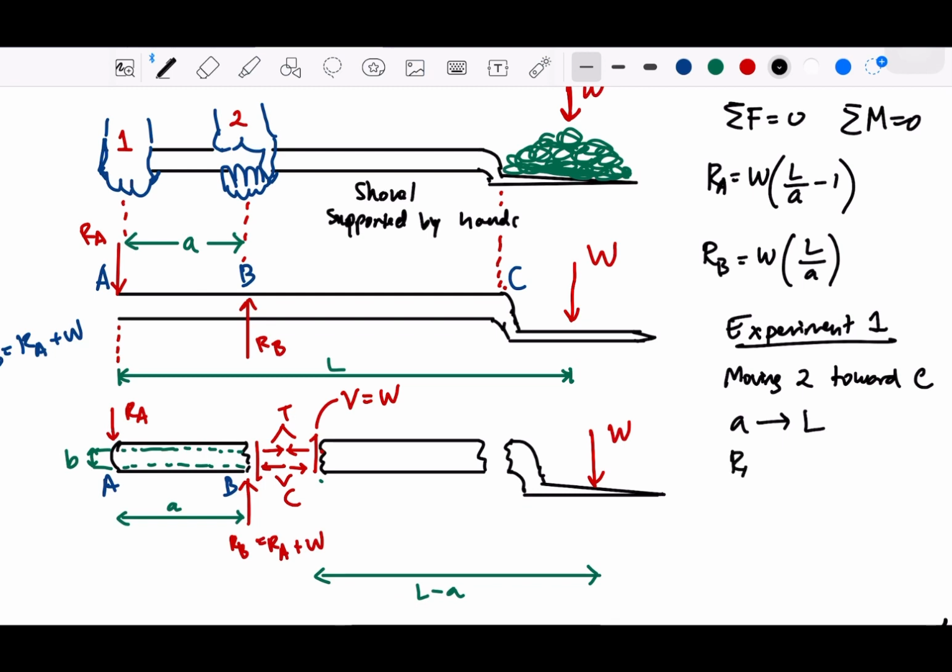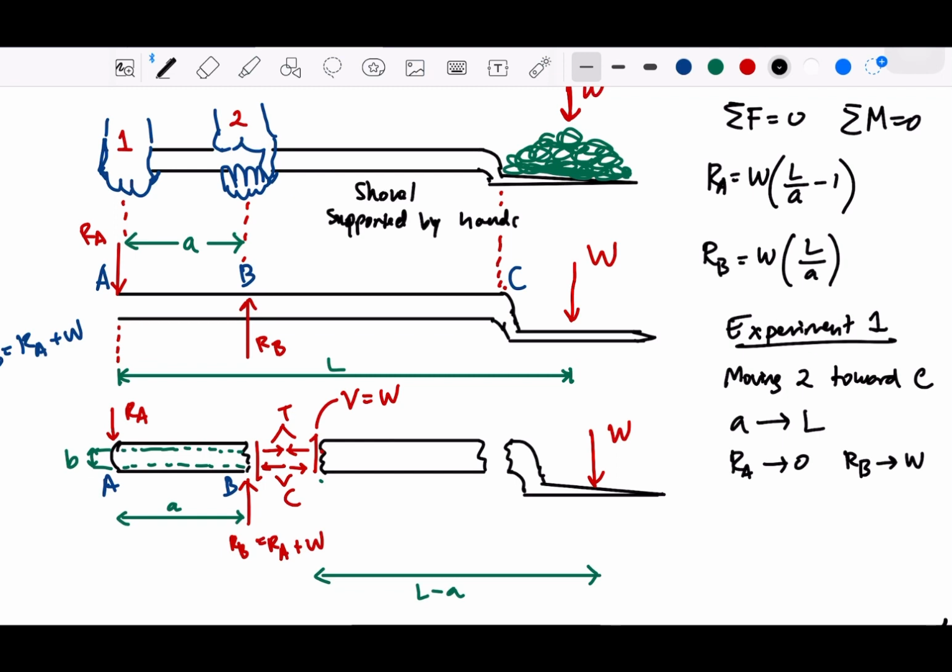So RA is going to be closer to 0. Let me write with arrows to denote that we are going to see this approach, using a limit. And then RB is going to equal the weight itself. I think that is really intuitive.